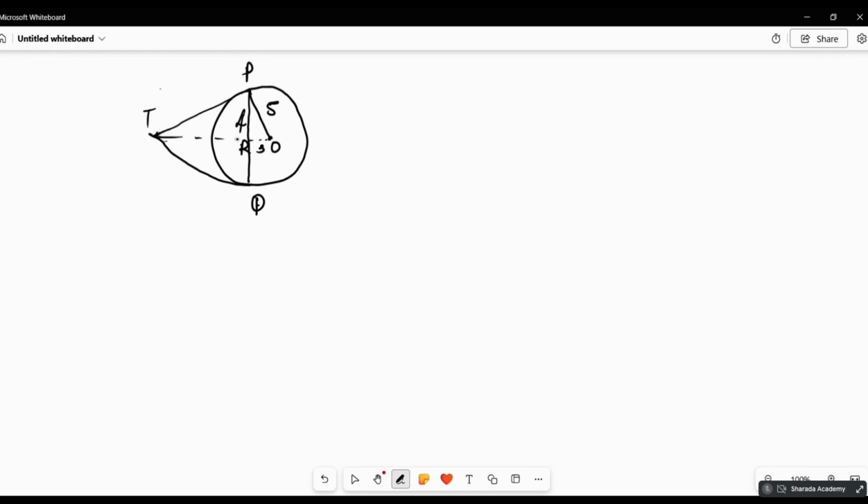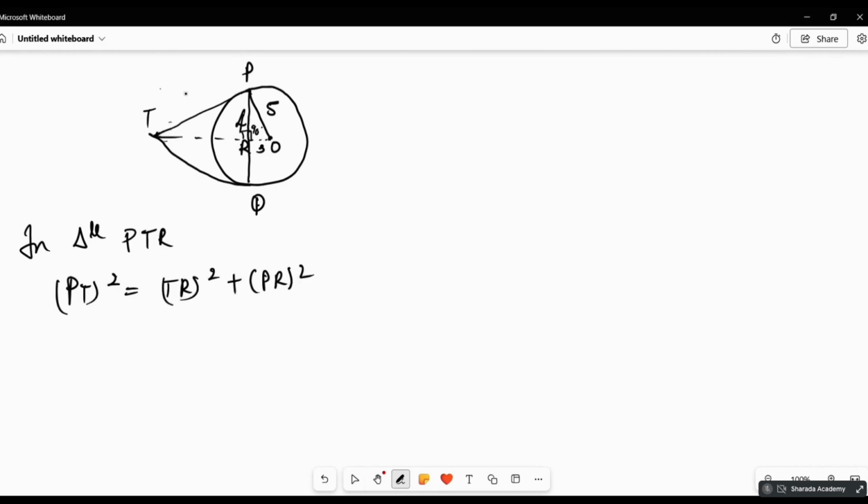Now we can have two Pythagoras here. One is this small triangle. Another one, PTR, is also a right angle triangle because this is 90 degrees. In triangle PTR, R is 90 degrees, so PT is the hypotenuse. PT square will be equal to TR square plus PR square.